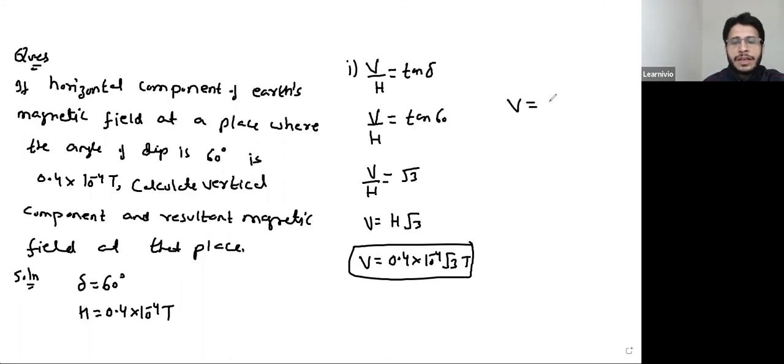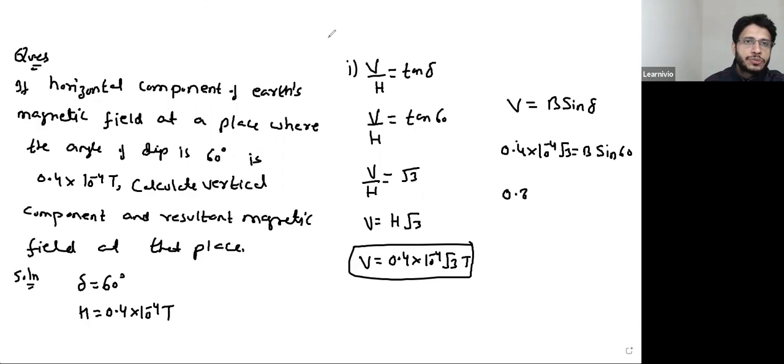Your V is B sine delta, right? So V is 0.4 into 10 raised to the power minus 4 root 3, which is B sine 60.